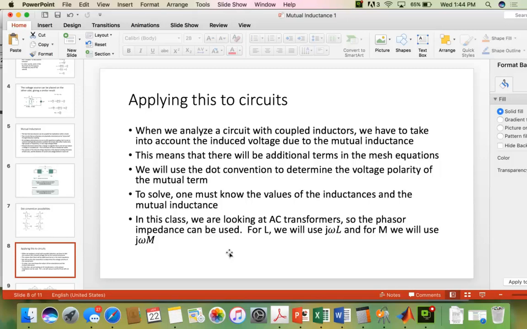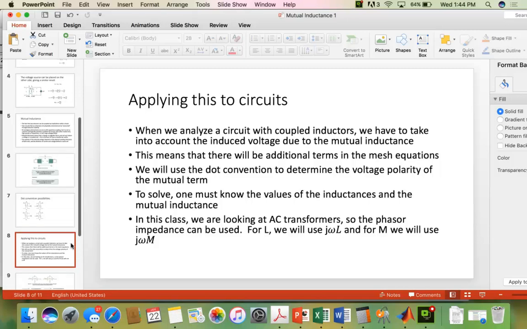As a general rule, when we talk about inductive coupling, we're going to be talking about strictly AC circuits and single frequency AC, at least for now. So for L, we're going to use j omega L, and for M, we'll use j omega M. So the examples that we're going to work here, if they haven't already been converted to the phasor domain, we'll convert them to the phasor domain.